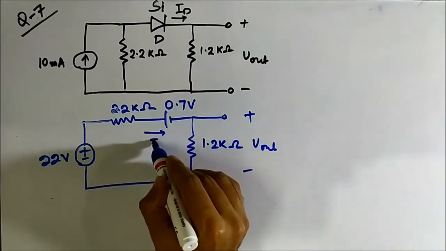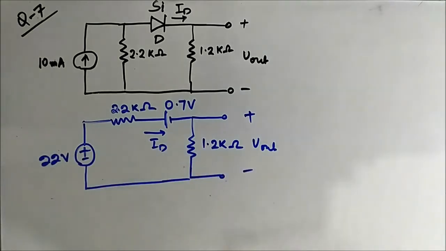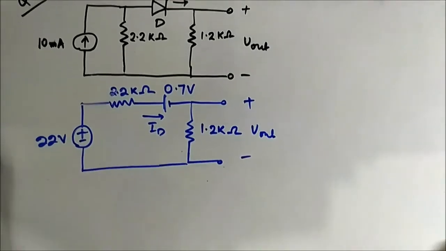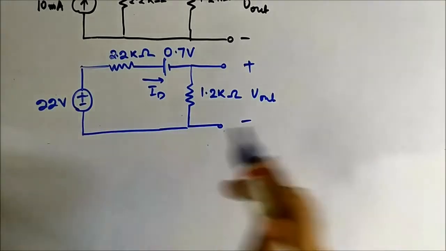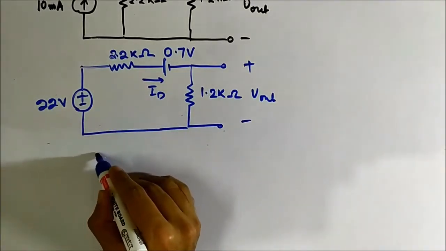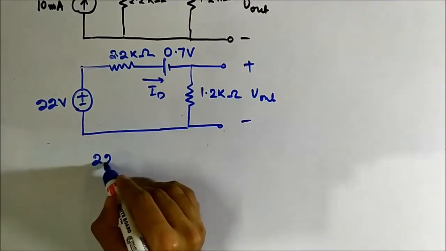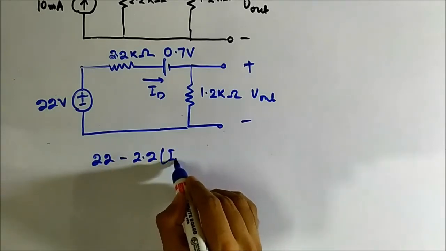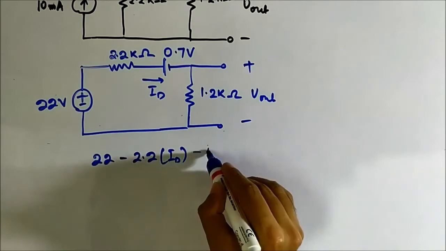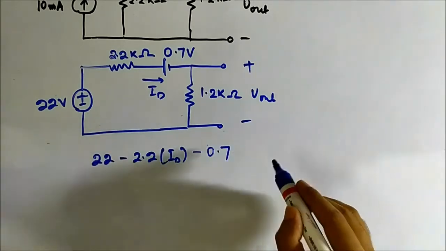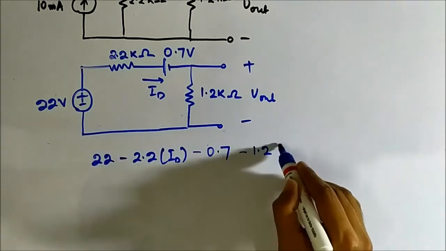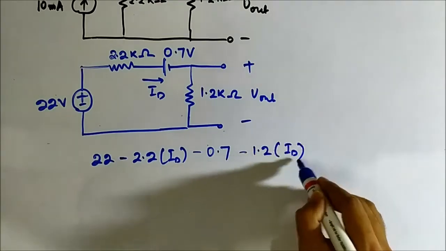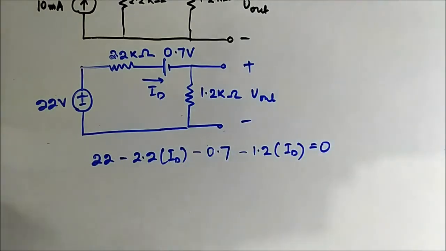This is the current. Now if we put KVL here, we will get 22 minus 2.2 ID minus 0.7 minus 1.2 ID is equal to 0.